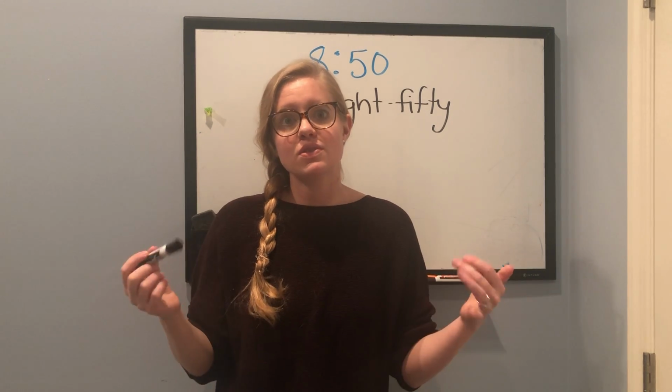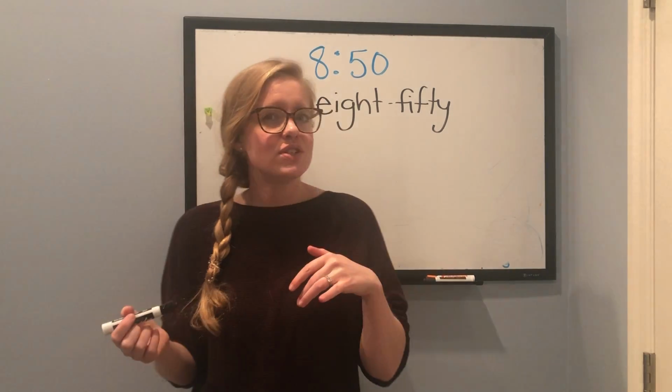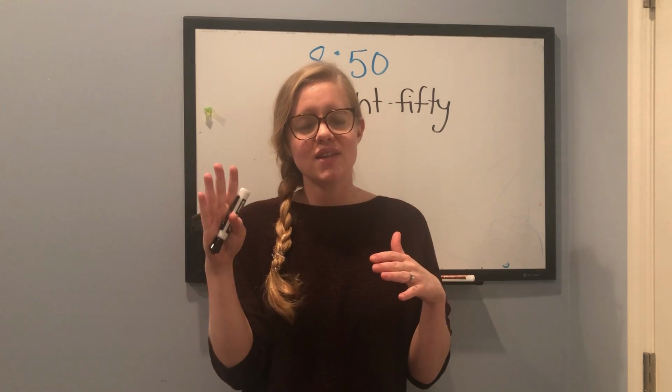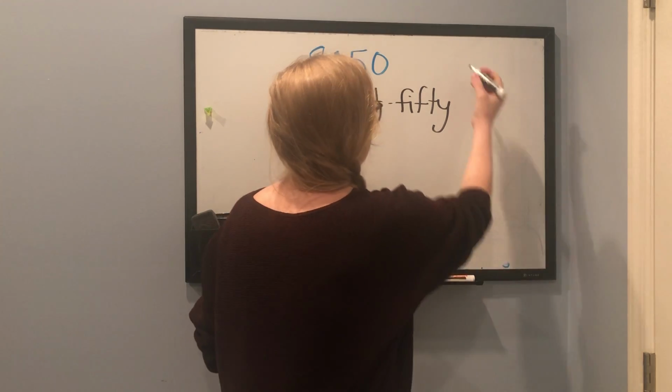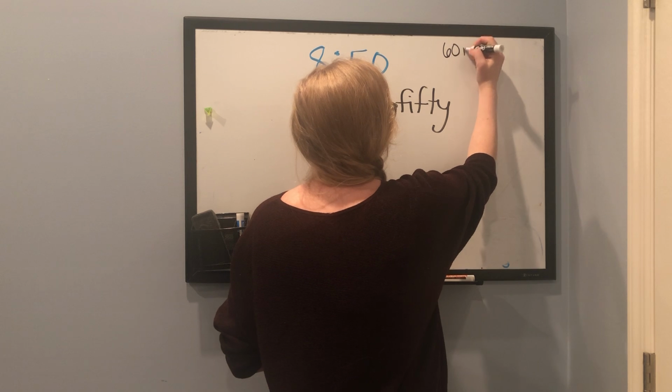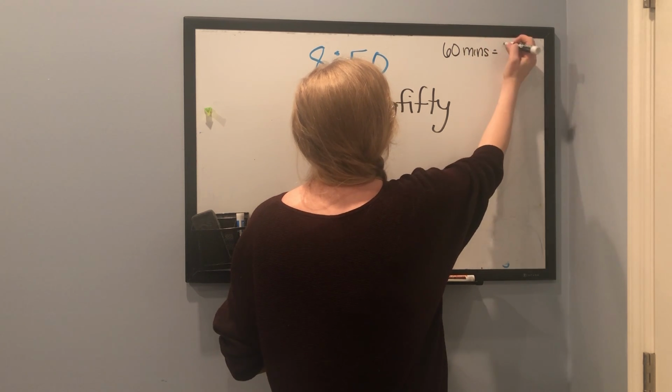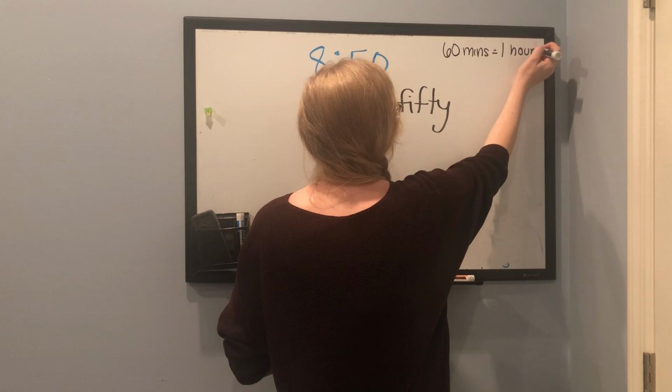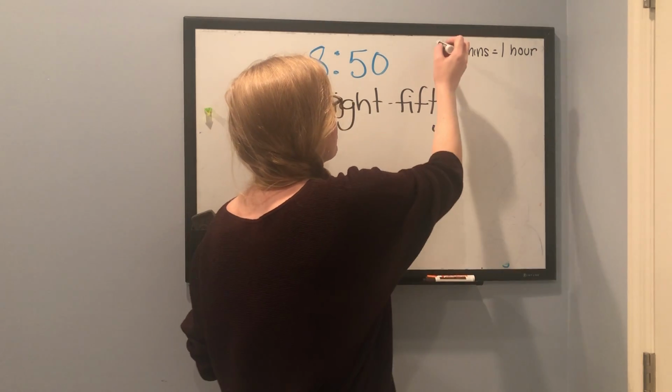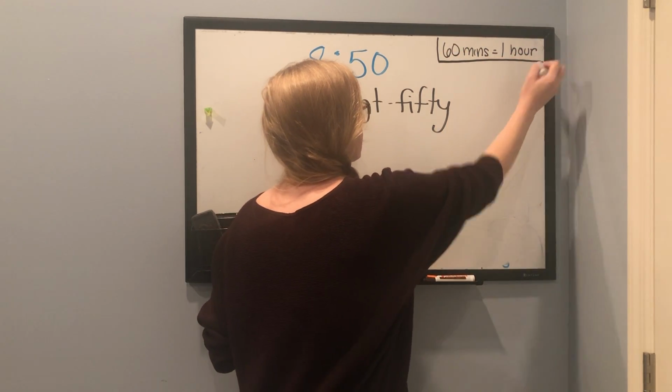So the other ways that we can say 8:50 have to do with there being 60 minutes in an hour. Okay, I'm gonna write that up here so we remember. 60 minutes in 1 hour. Okay, we all knew that, right? I'll keep it up there just in case.